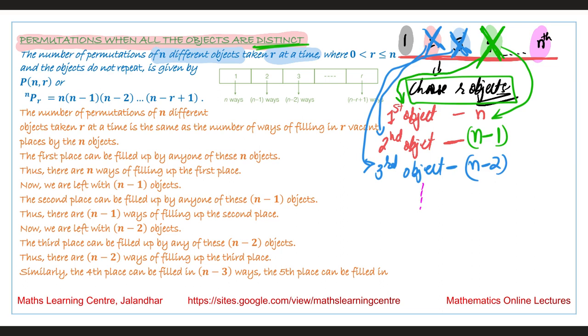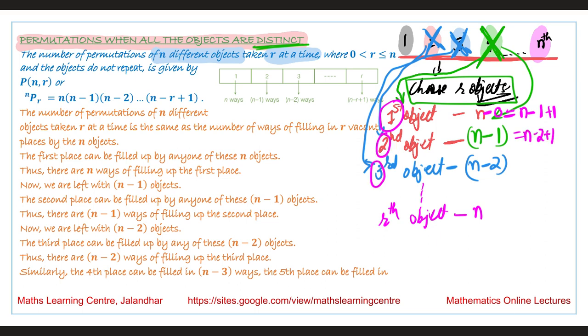Likewise if we continue, when we choose the rth object, how many ways are there? When we choose the first object, the answer is n minus 0, which we write as n minus 1 plus 1. When we choose the second object, it is n minus 2 plus 1.